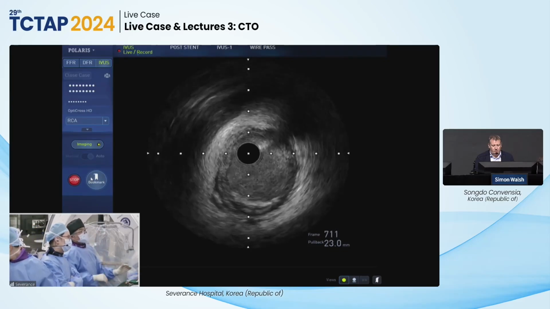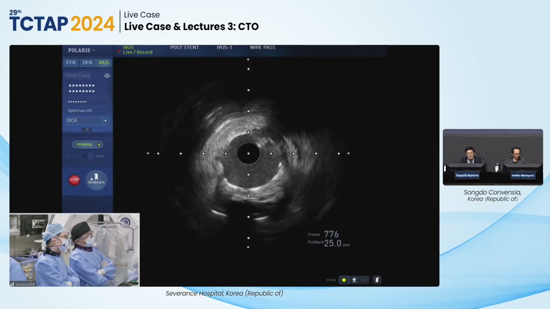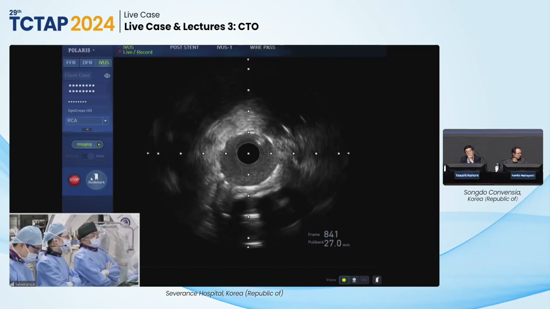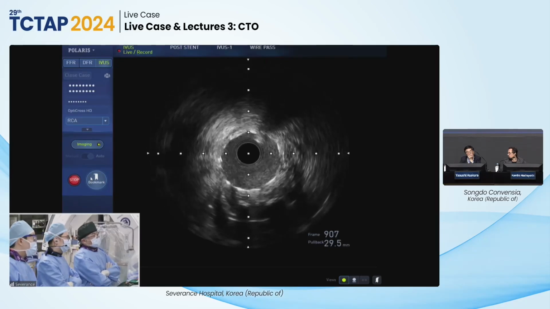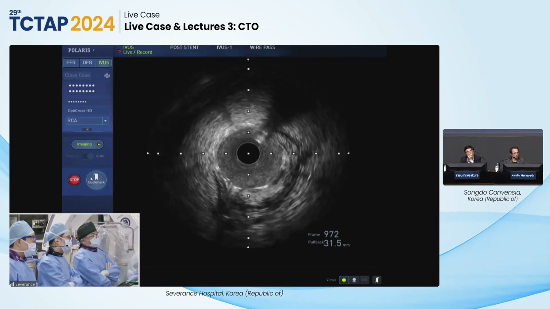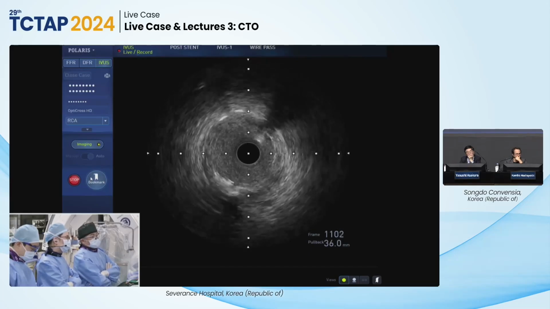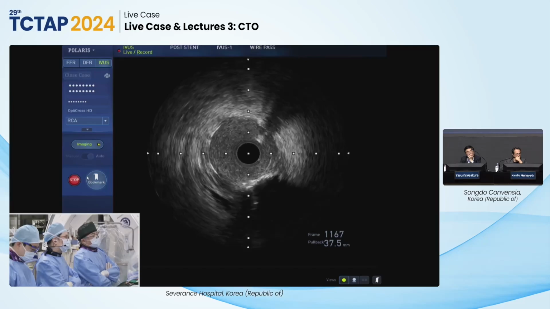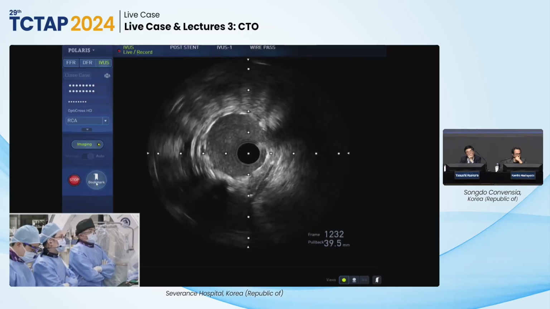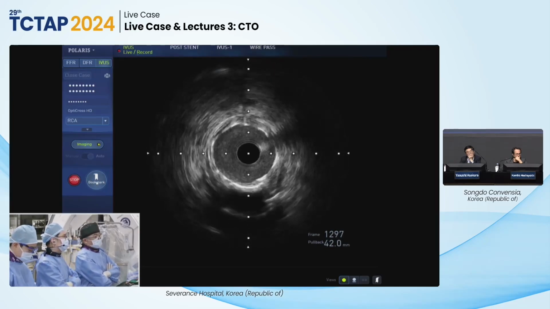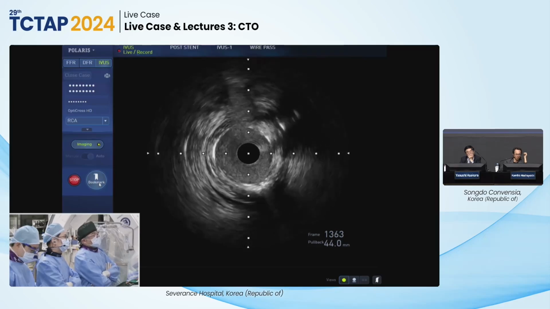Okay, so this is the angiogram after stenting. This distal edge portion is quite good, and also the stent expansion is not so bad in this portion. And previously, this non-CTO segment, as I told you, is a diffusely diseased area.